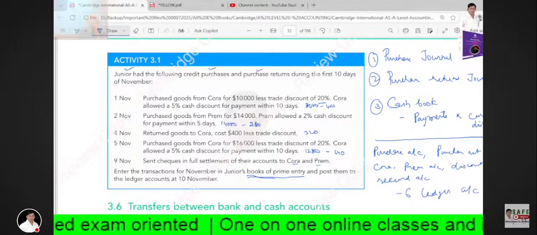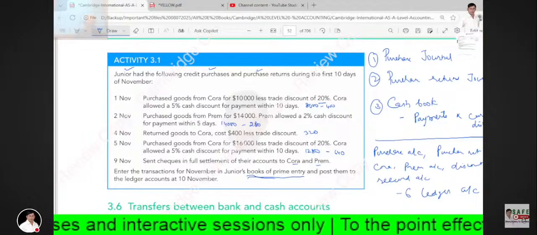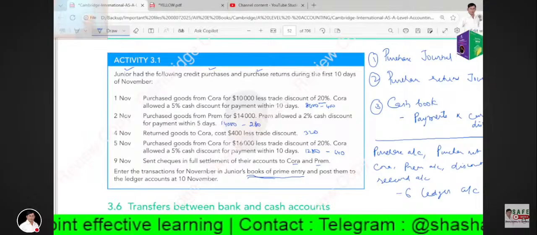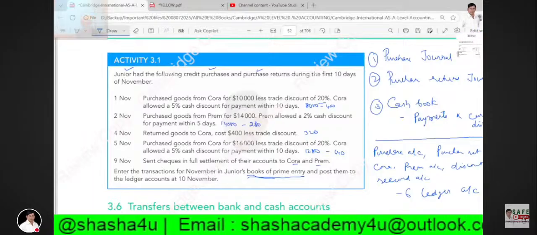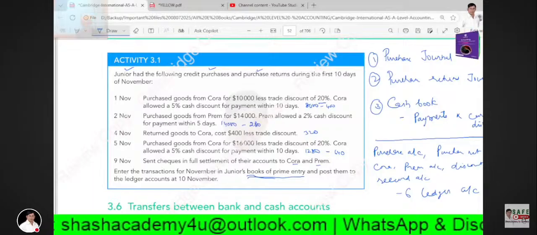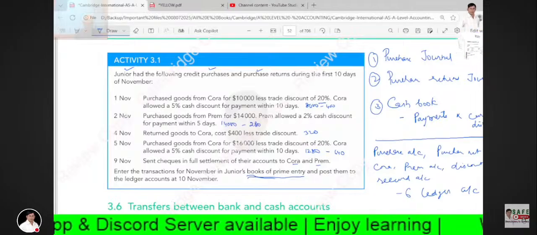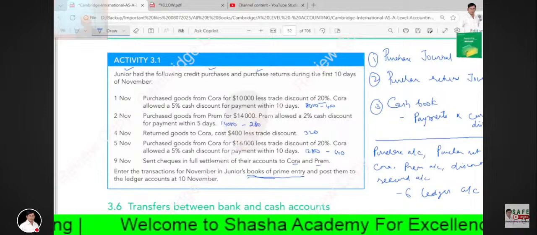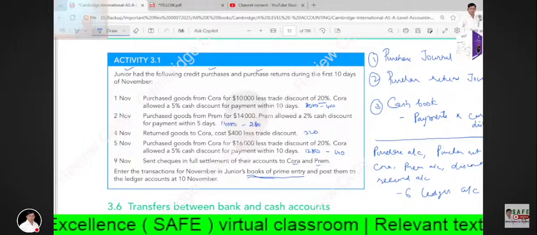The problem looks very small, but these are all procedural things which you need to know to learn comprehensive accounting practices so that everything is clear. Future lessons will be based on this. Unless the understanding is clear, you will not understand future concepts. That is why you should never resort to shortcuts.